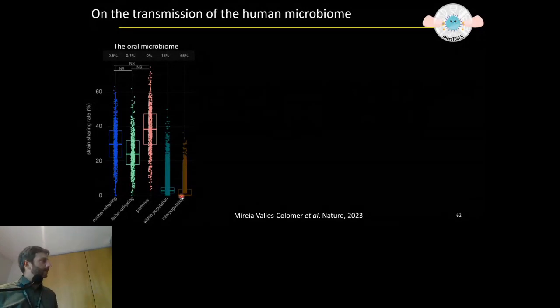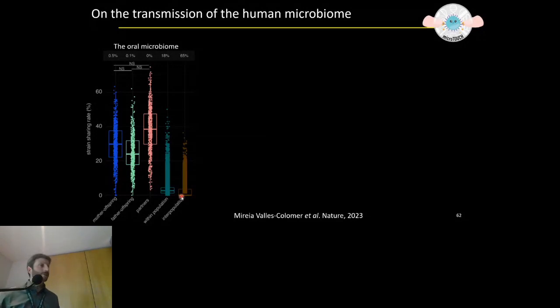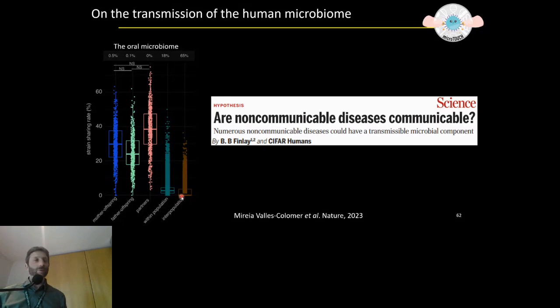This is a paper not by us, but it was bringing this idea that some non-communicable diseases, if they are linked with the microbiome, and because the microbiome we show is transmissible, well, maybe it is at least partial. It is at least true that these non-communicable diseases are at least partially communicable. This is, of course, a provocative question, but there are at least some aspects that should be better investigated.